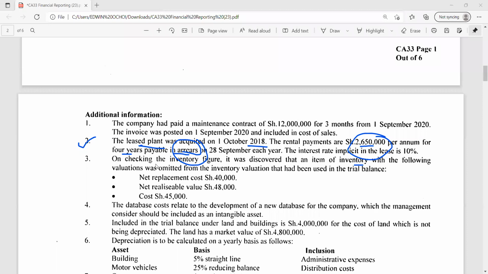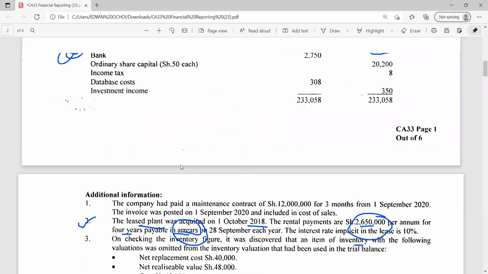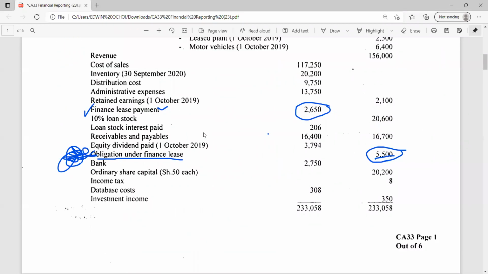They said that on checking the inventory figure, it was discovered that an item of inventory with the following valuation was omitted from the inventory valuation that had been used in the trial balance.